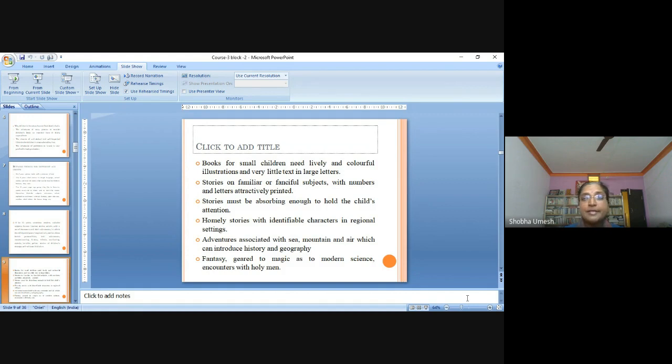So fantasy is more important when it comes to the children's point of view because they love fantasy more than any other things. So fantasy is geared to magic, to modern science, encounters with holy men.